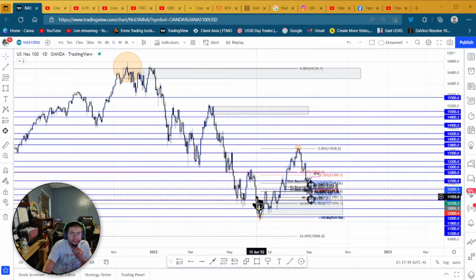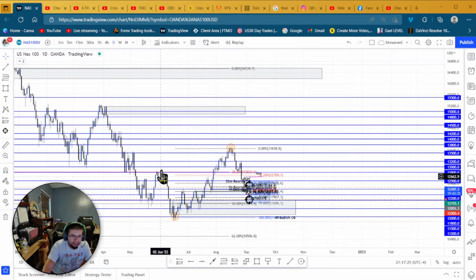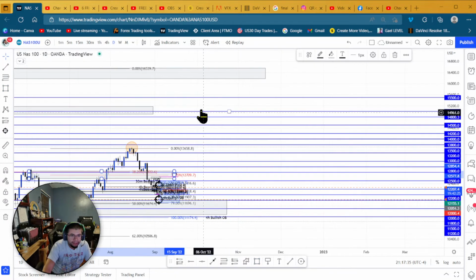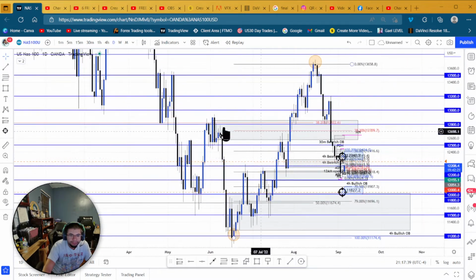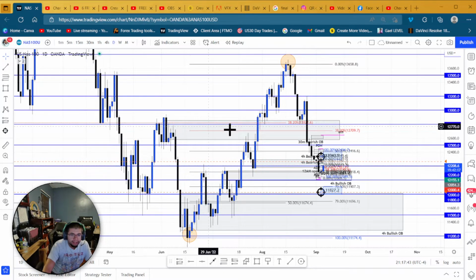Then there was this one that was created, the candle before, which created a bearish block. But look what happened here. I created it right here, this last up candle, the blue one.